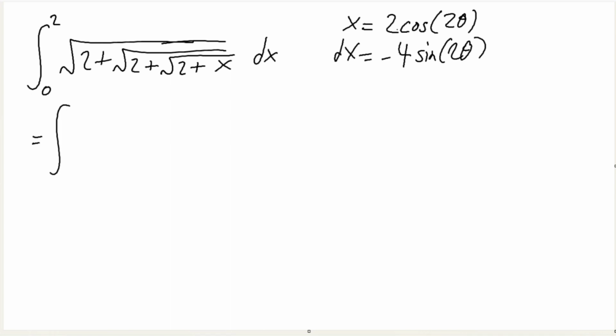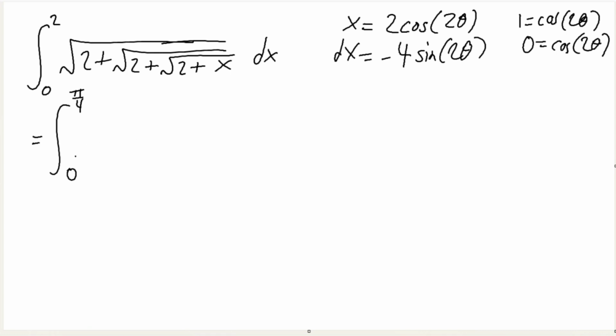The bounds, let's see, 1 equal to cosine 2 theta. What would theta need to be in order for this to be 0? I'll use the negative sign to switch the bounds, and then plug in 0 here. In order for 0 to happen, we need theta to be pi over 4.